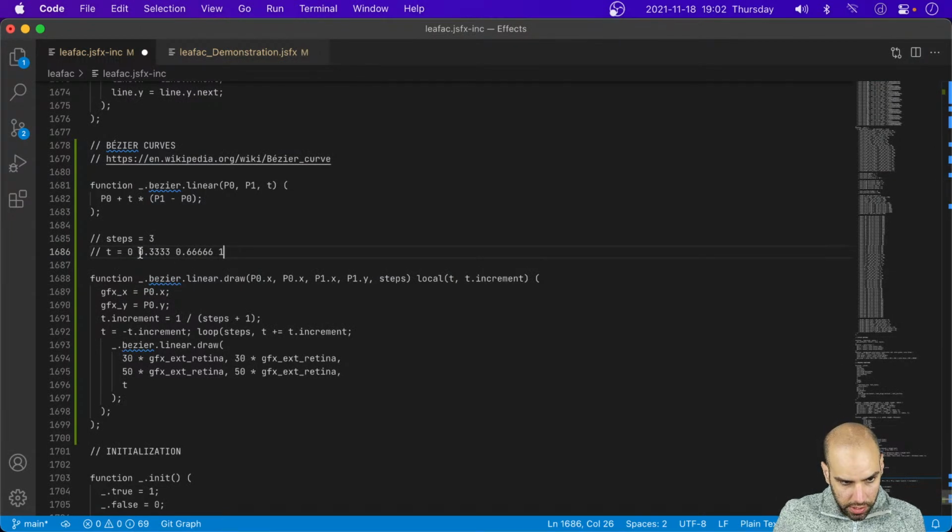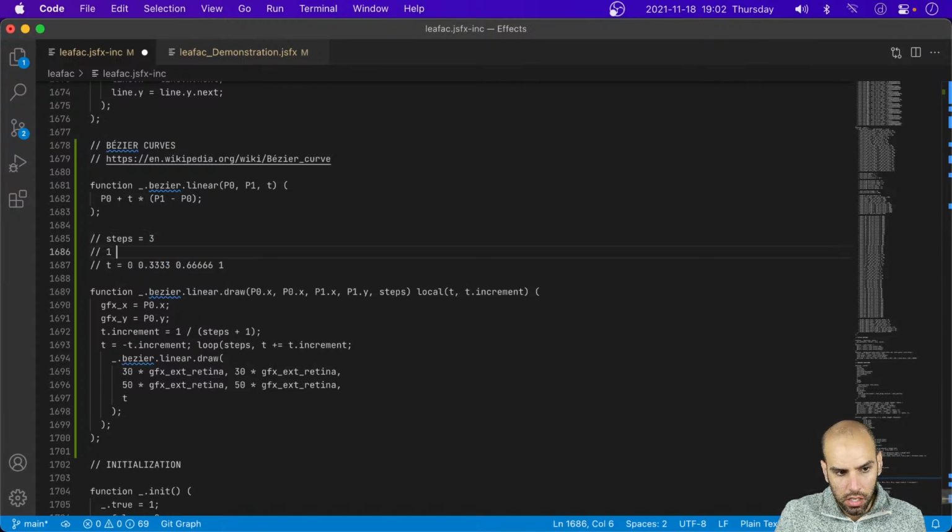So my increment needs to be 0.33, which is just 1 divided by steps. So no plus 1 in there. Okay, this is going to be my t increment. Is going to be 0.33.